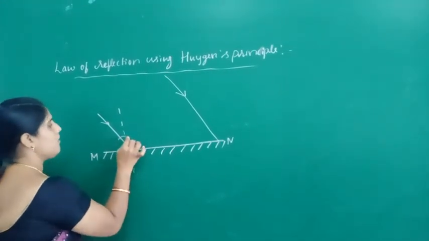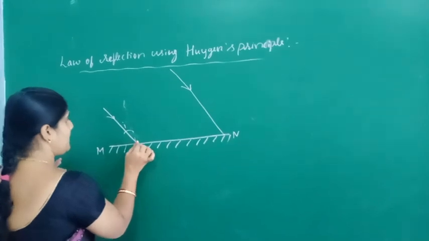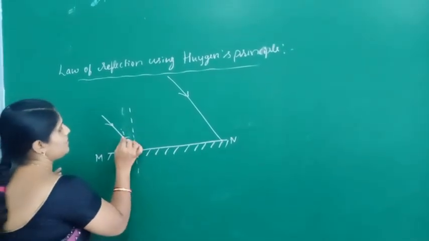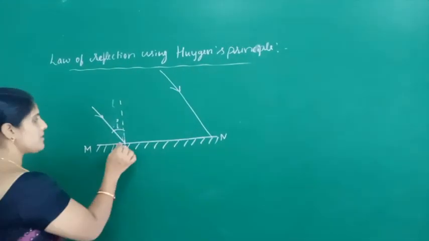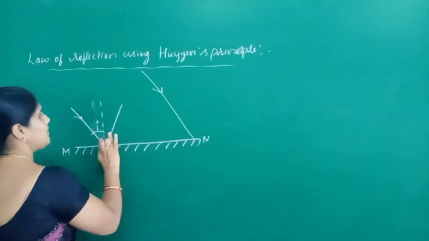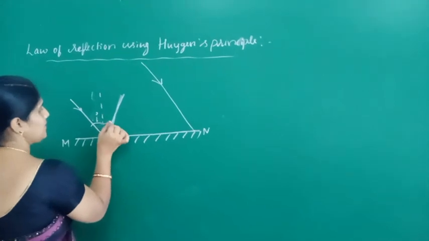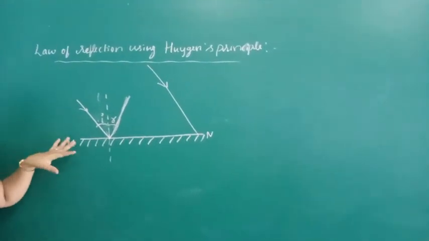So this is the angle of incidence. The normal line is a straight perpendicular line. So this is the angle of incidence i. This ray goes and gets reflected like this. This is the angle of reflection. This is in the case of ray optics.